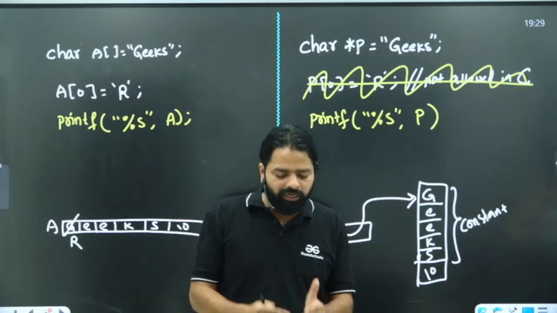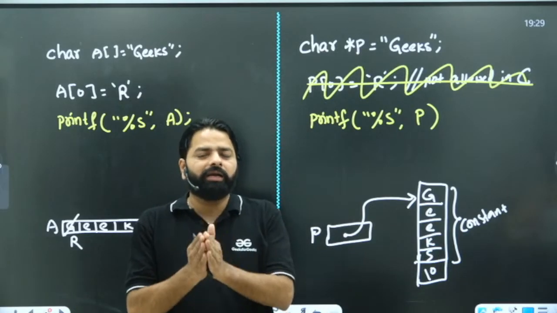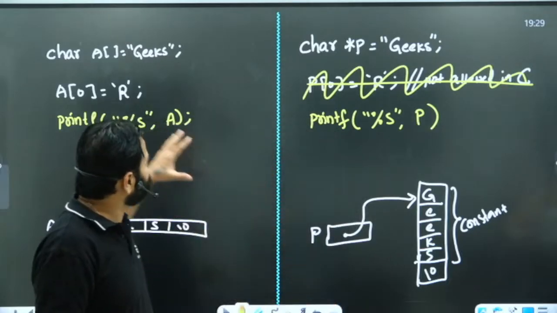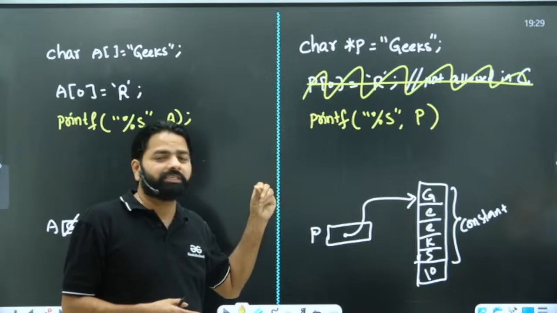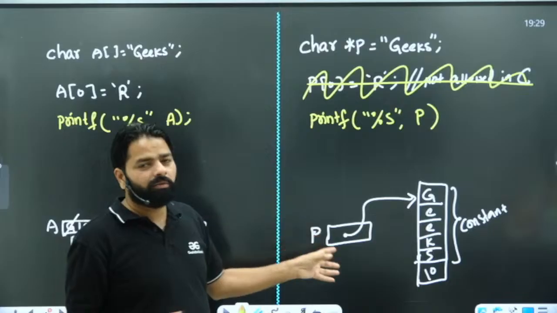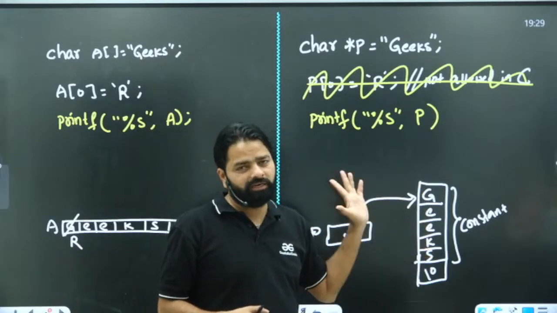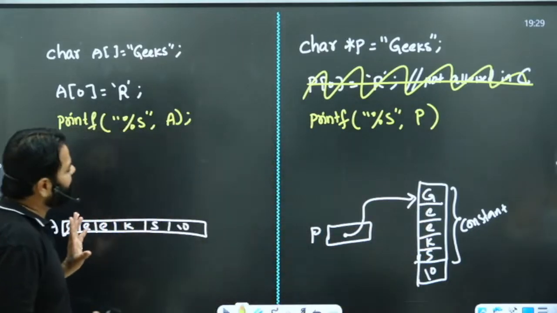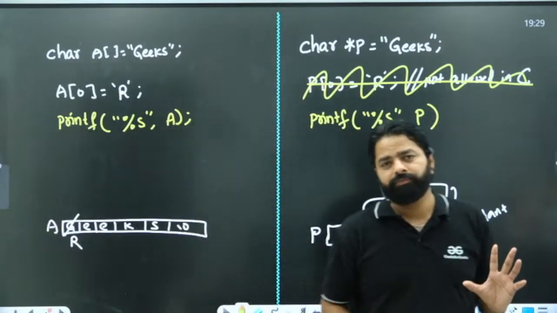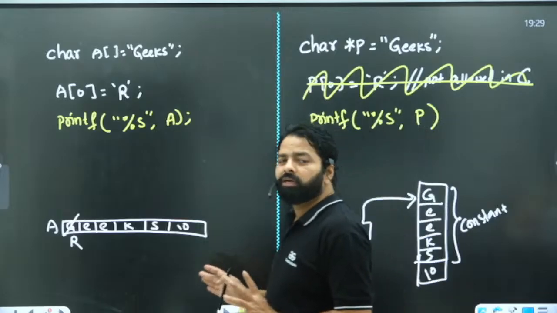Correct? So when you are dealing with strings, look at how you are initializing the string. If you are initializing to an array, then you can modify that string, but if you are initializing to a pointer, then you cannot modify the characters of the string. I hope you understood the difference between these two.